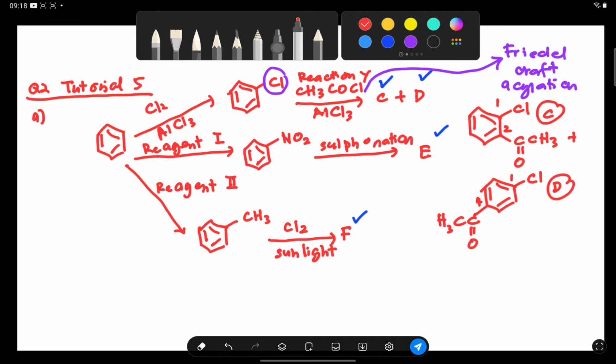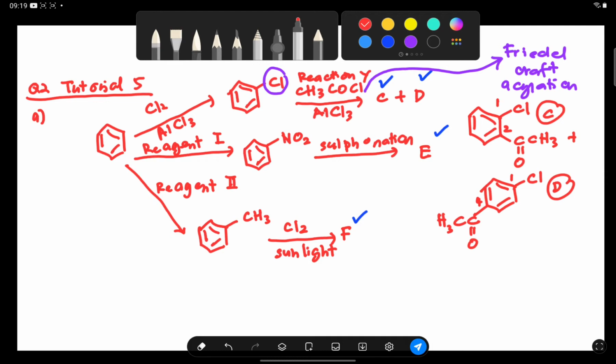However, in this question, it has a nitro substituent on the benzene ring. So what is the function of this nitro group?